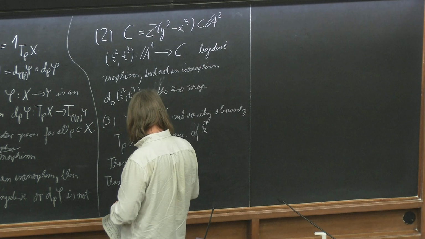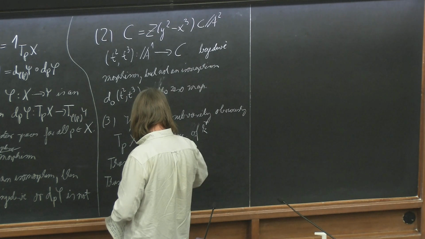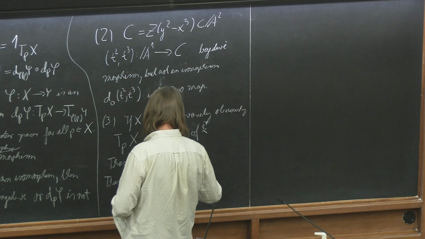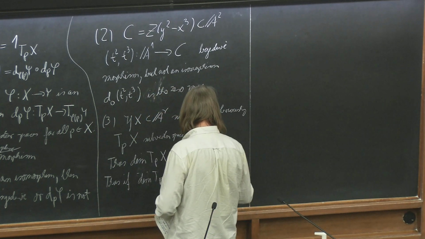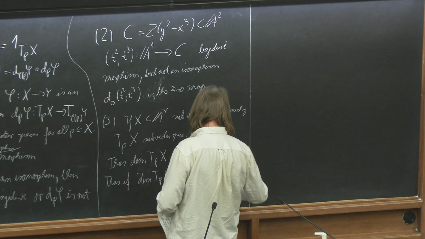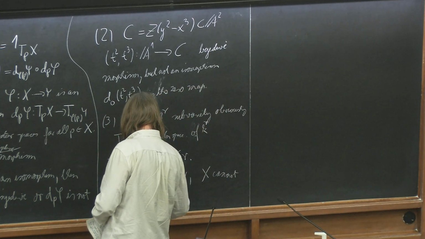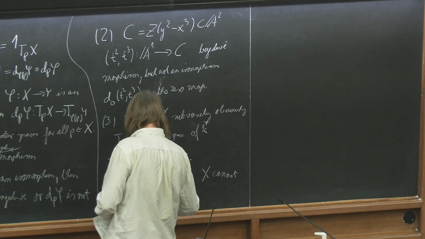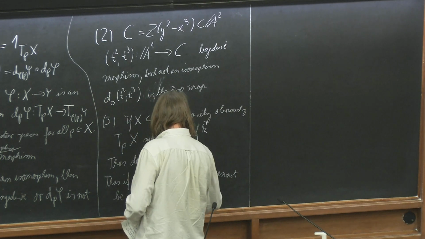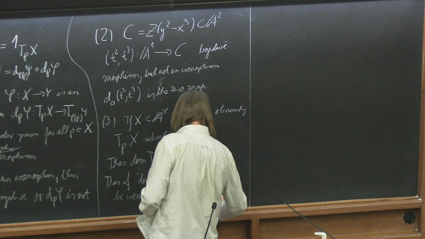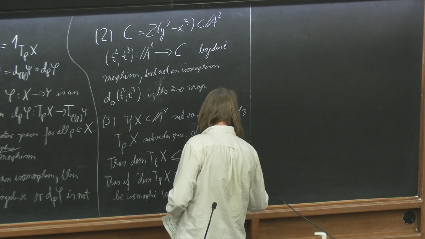Thus, if the dimension of T_p X is bigger than r, X cannot be isomorphic to a subvariety of A^r.